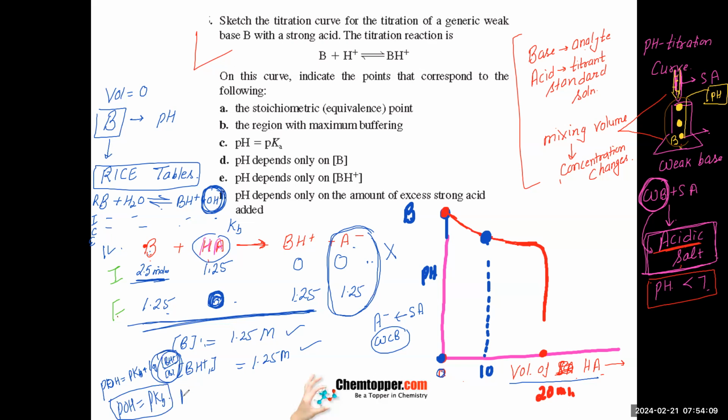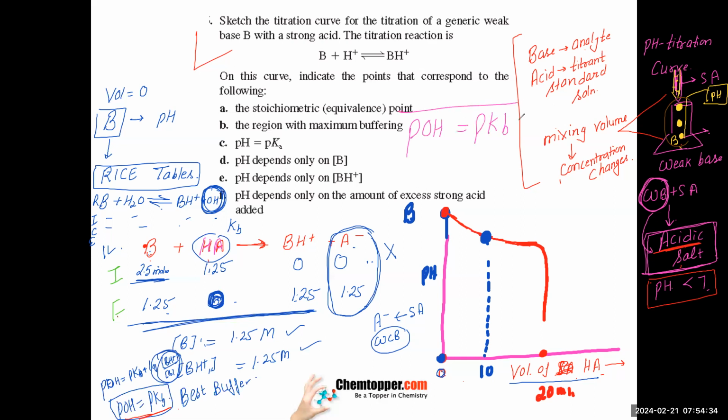Best buffer. So half equivalence point is the best buffer. So for a base at the half equivalence point, pOH equals pKb, which can be written as, I'm just writing here because there's less space, pOH is equal to pKb.